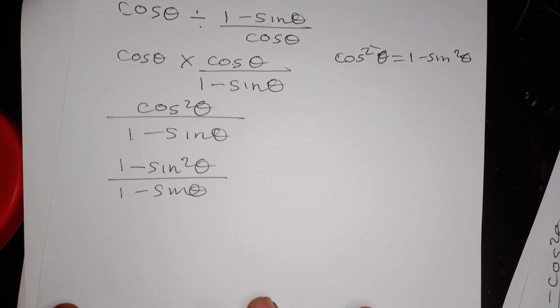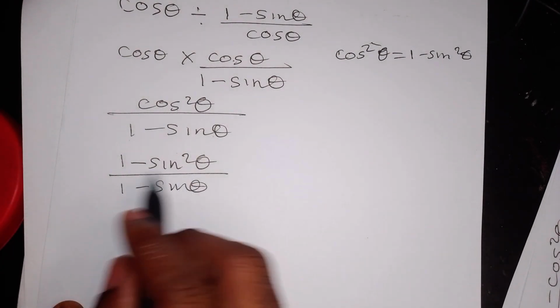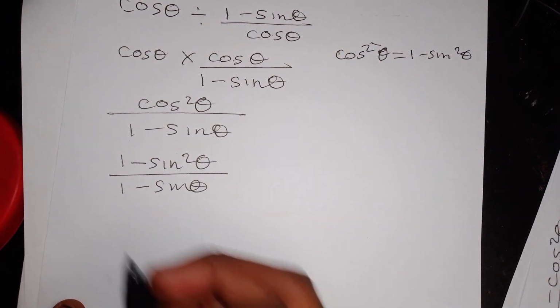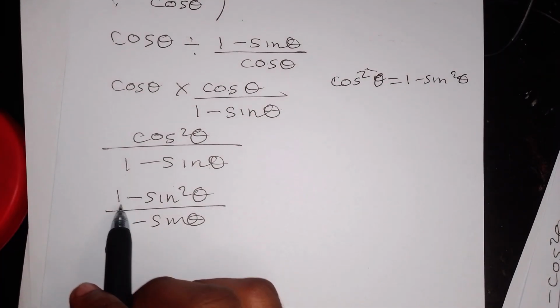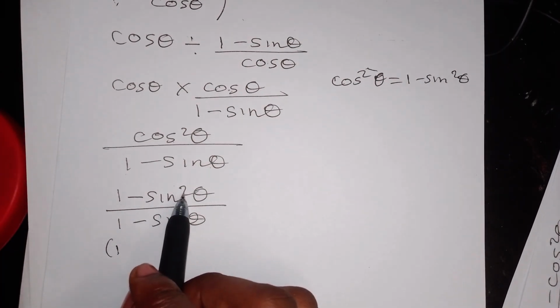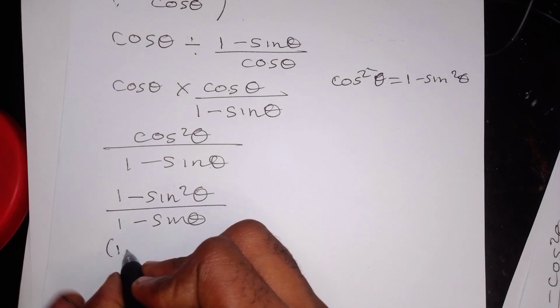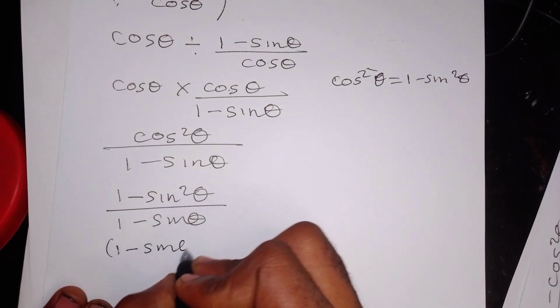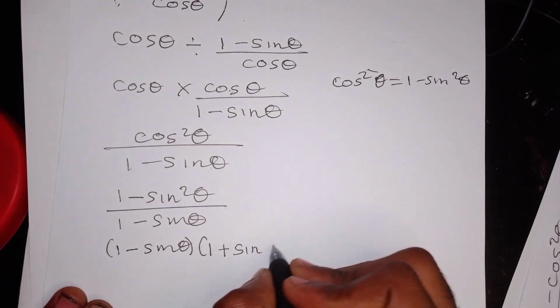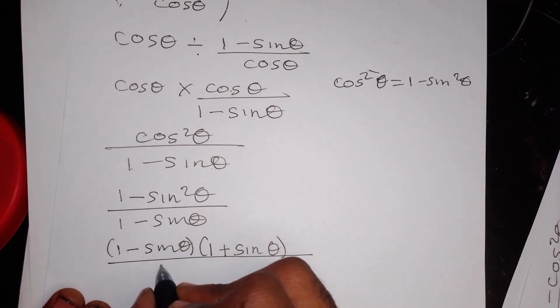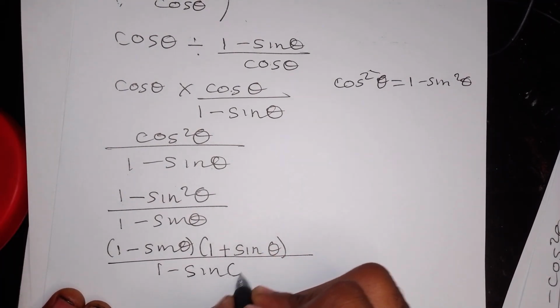So now you can just apply the difference of two squares here. Remember, what you want is 1 plus sine theta, and you don't have it here. But of course, you can obtain it from the sine squared. So this will be 1 minus sine theta multiplied by 1 plus sine theta, then over 1 minus sine theta.